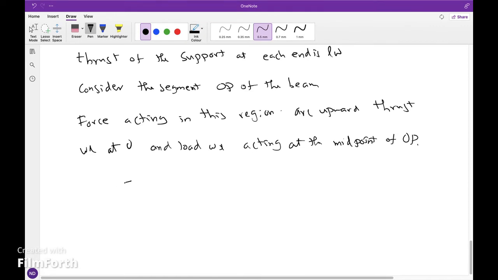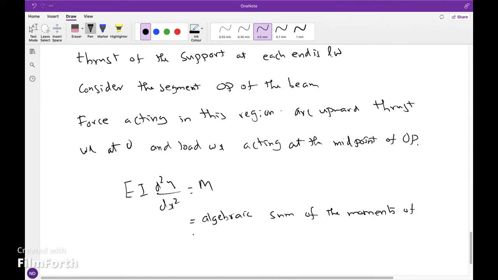Then EI d squared y by dx squared is equal to M. But M is the algebraic sum of the moments of the external force acting in the region OP.